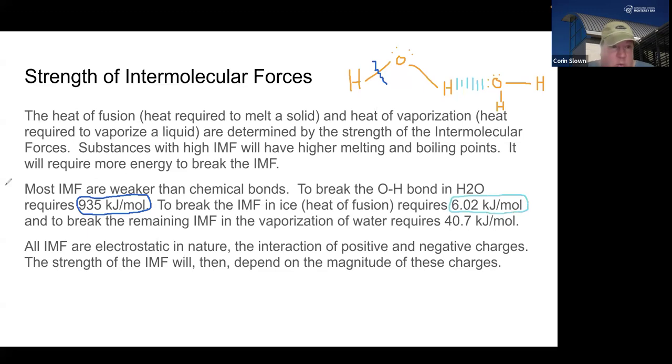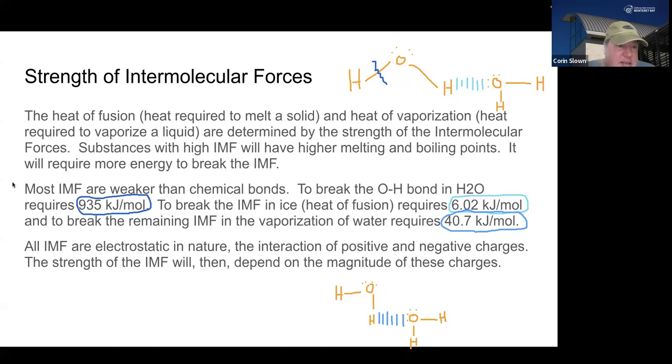Whereas if instead of being ice, this was liquid water, and I were to think about the energy that I have to put in to break this bond, that would be 40.7.